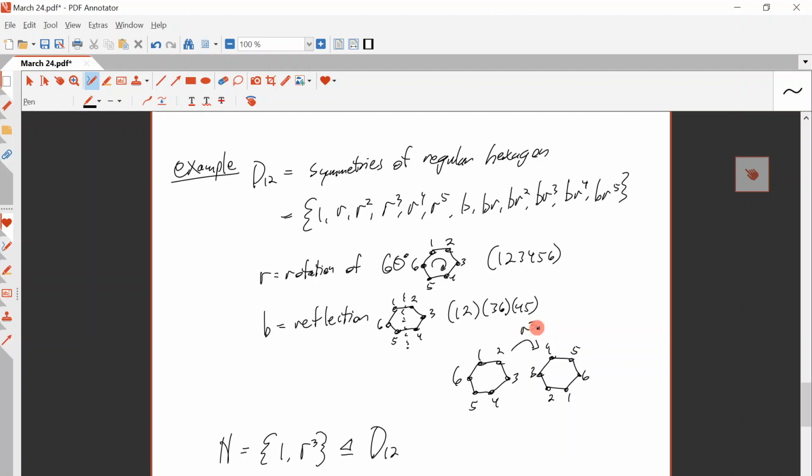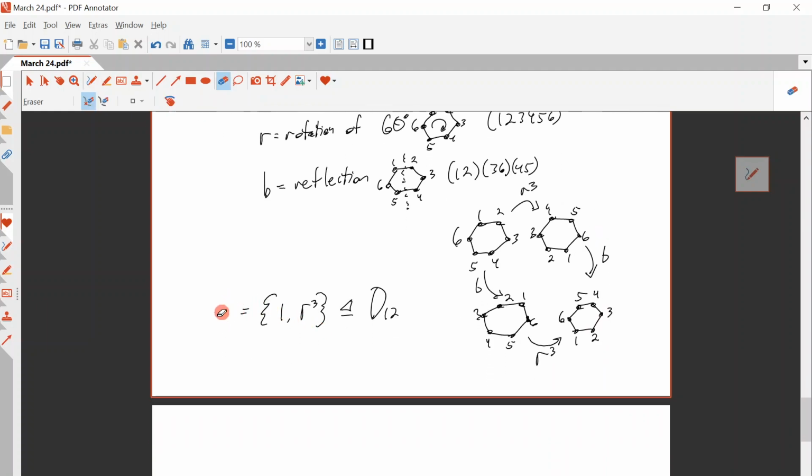So that's r to the third. And then if you do b, you get 5, 4, 6, 3, 1, 2, which is the same as if you did b first. Right, 2, 1, 3, 6, 4, 5. That's if you did b first, and then you rotate 180, you get that. Right, 1, 6, 5, 4, 3, 2.